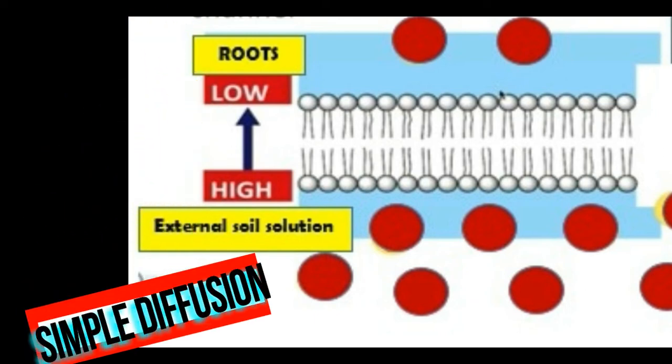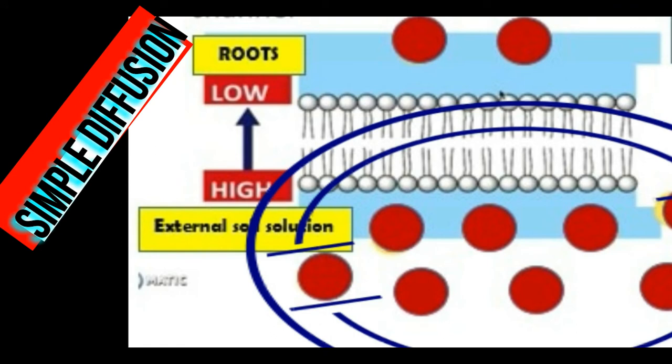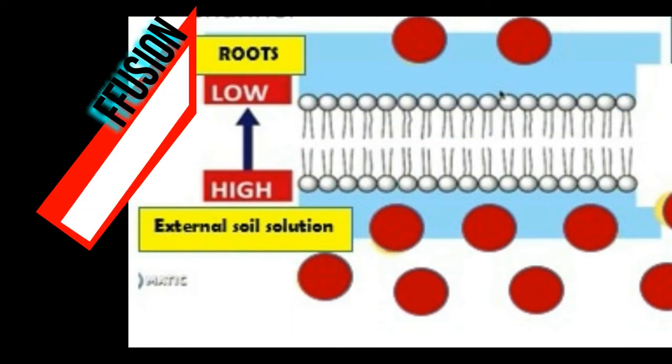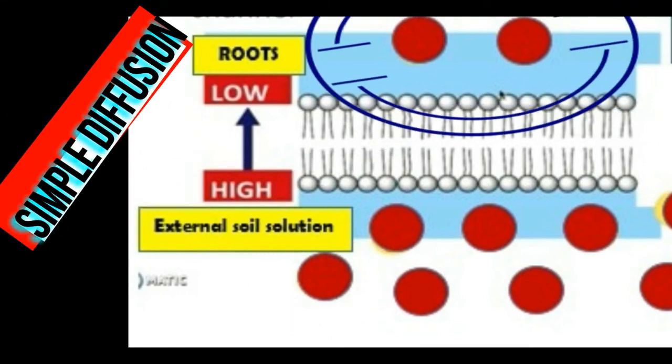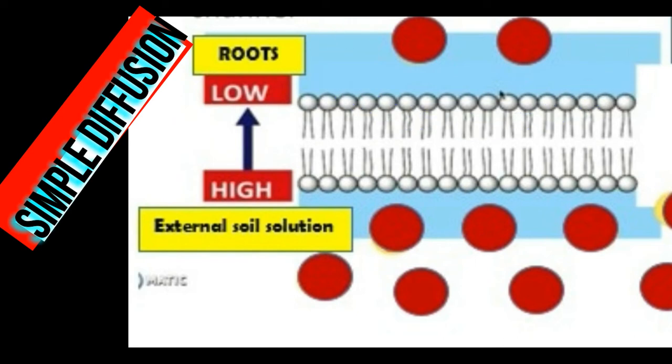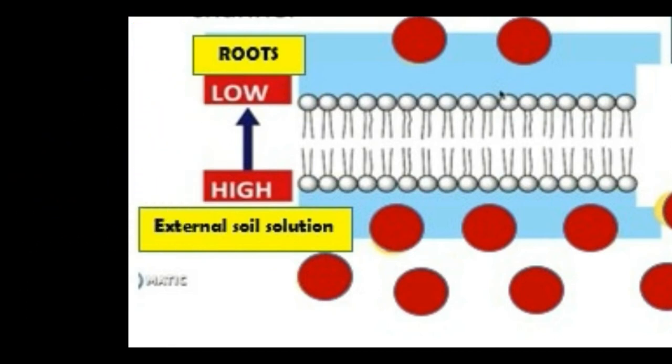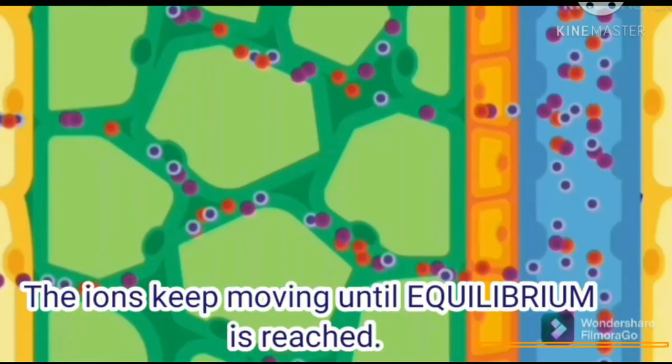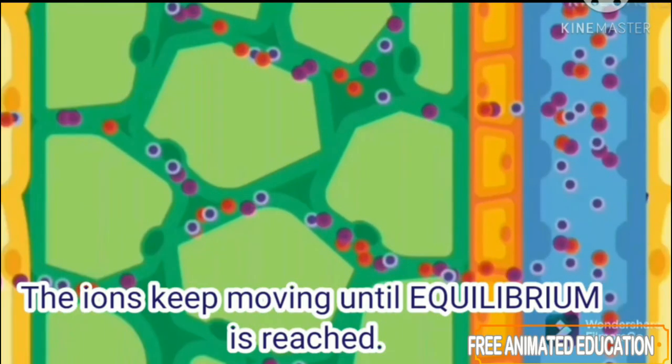In this example, we have a bunch of mineral ions in the external soil solution and few mineral ions inside the root cell. The natural tendency of these mineral ions is to go from the highly concentrated area to the low concentrated area. The ions keep moving until equilibrium is reached.